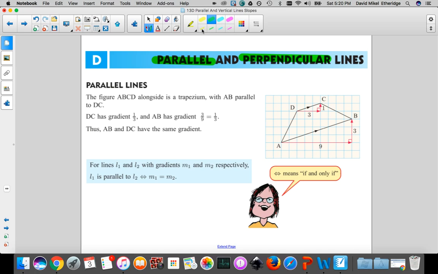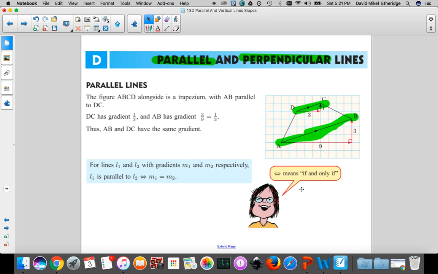Parallel lines have the same slope, and they never cross. So DC here is parallel to AB. Notice that little arrow indicating that. Sorry, it got a little crooked. Fix it, there we go. They have the same slope: up 1, right 3, and up 3, right 9. 3/9 simplifies to 1/3.